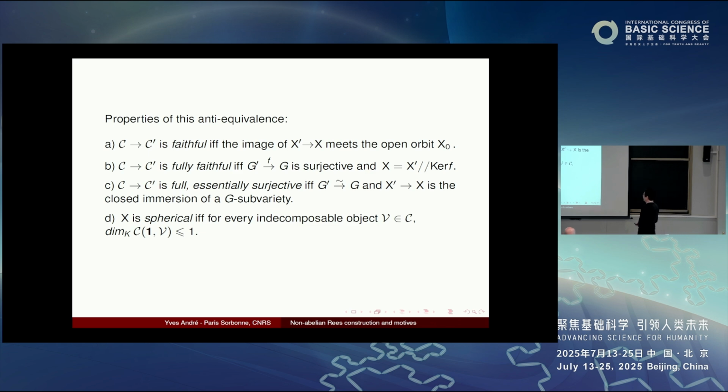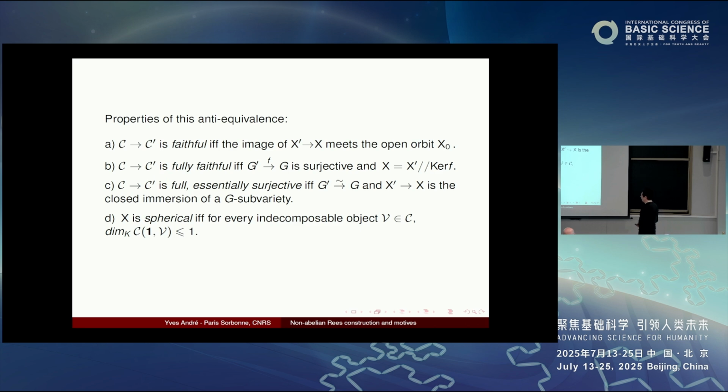It is fully faithful if and only if the corresponding map between the groups in the opposite direction is surjective, and X is a quotient, in the sense of the space of closed orbits, for the kernel of F.